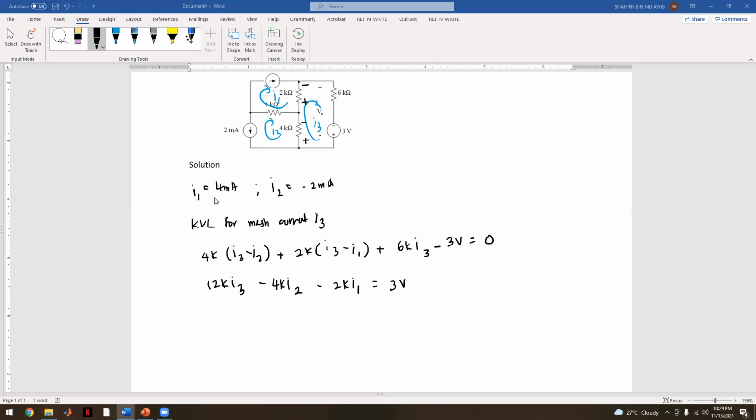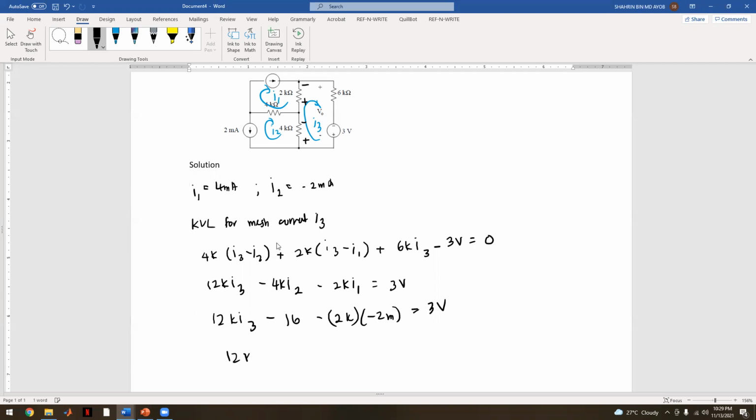But we already know the values of I1 and I2, so from here we can solve it. So 12K I3 is equal to 4K multiplied with 4 milliampere, which becomes 16, minus 2K multiplied with negative 2 milliampere, which is plus 4.